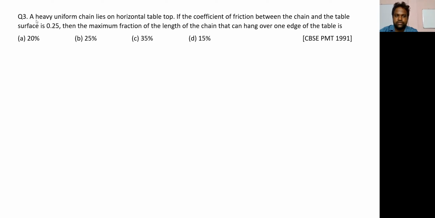So here the question is, a heavy uniform chain lies on a horizontal table top.